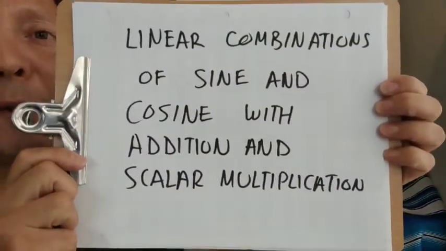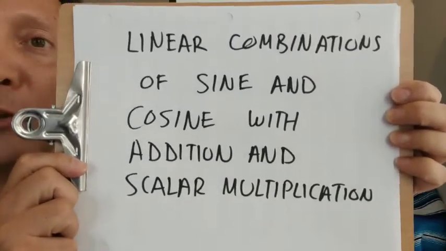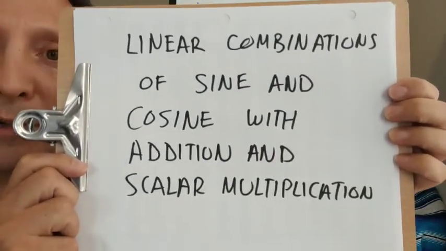Now let's talk about linear combinations of sine and cosine with addition and scalar multiplication. Linear combinations means multiple of one plus multiple of the other.